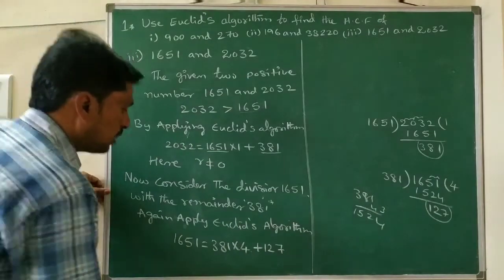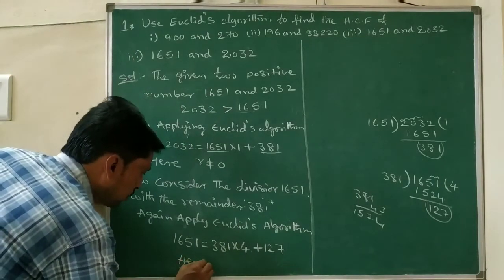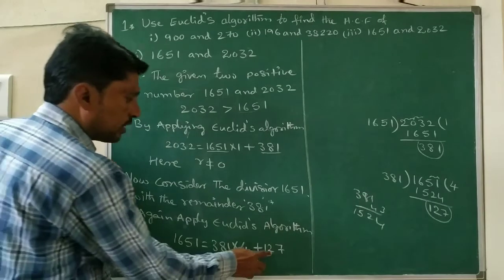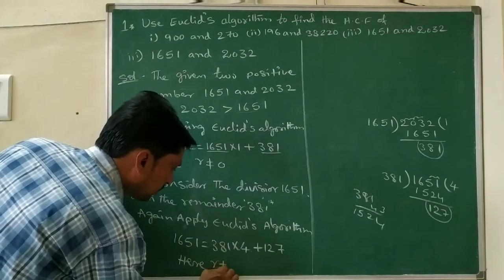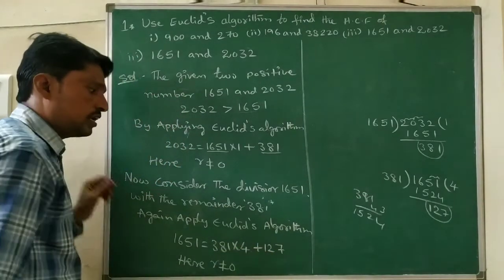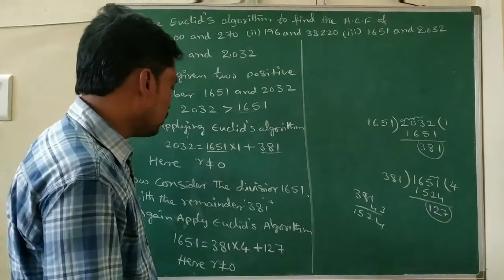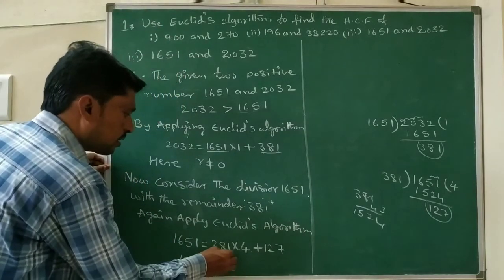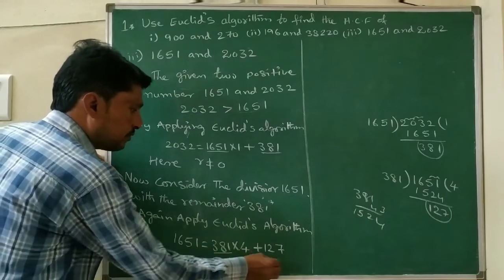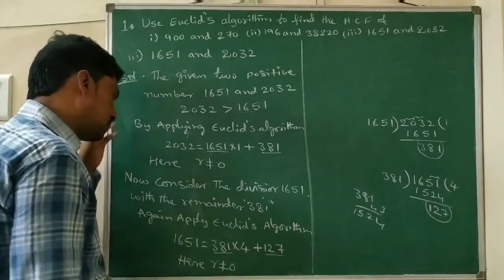Again we have to check whether the R value is 0 or not equal to 0. Here the R value we are checking is not equal to 0. The R value we got here is 127. Now again we need to take this divisor 381 and the remainder 127.